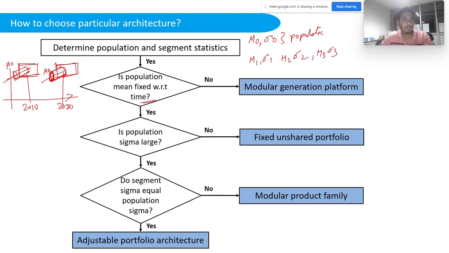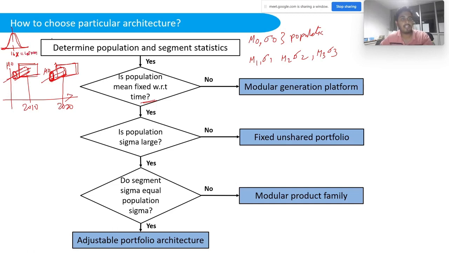To get the population mean, in 2010 you interviewed photographers and asked what their desired length of the lens is. People said, I want 4x zoom, I want 16x zoom, and you identified that the average is 16x zoom, which should be equivalent to, for example, 40 mm.